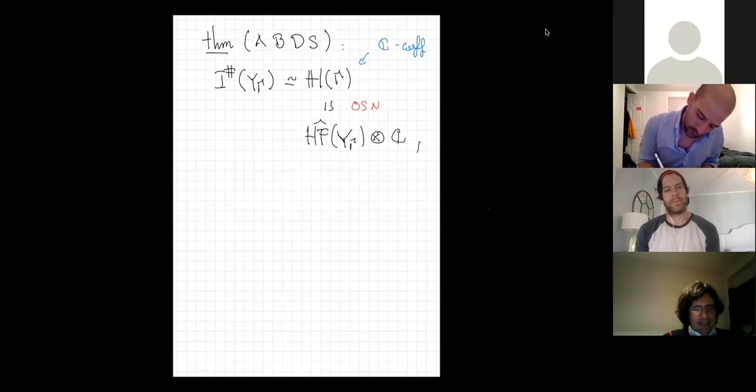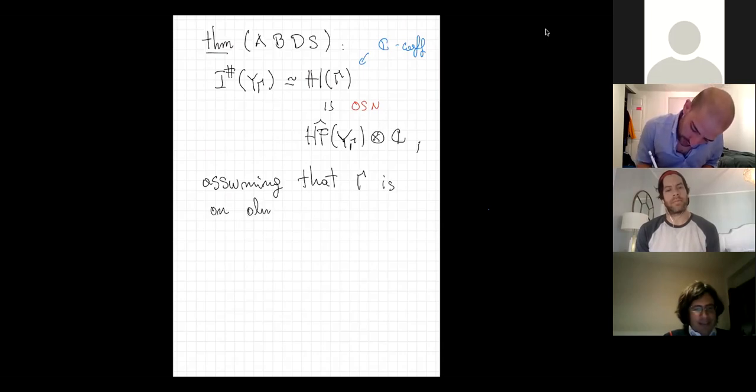Assuming that gamma is an almost rational graph.